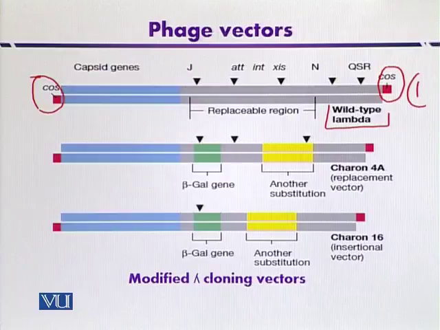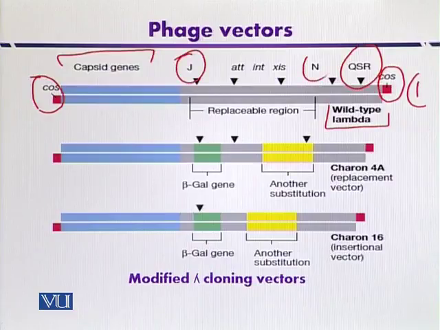On the left side, some genes that encode for head and tail proteins are there, that is capsid genes, and at the right side also some essential genes are there. But the DNA segment between the J and N gene, as I told you earlier, can be replaced with foreign DNA. So that's why it is also called a replaceable region.